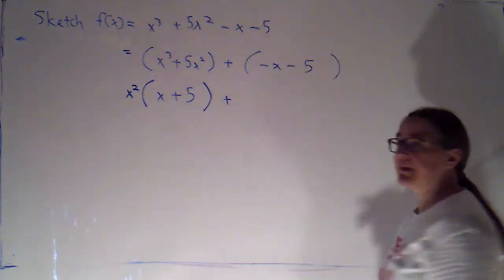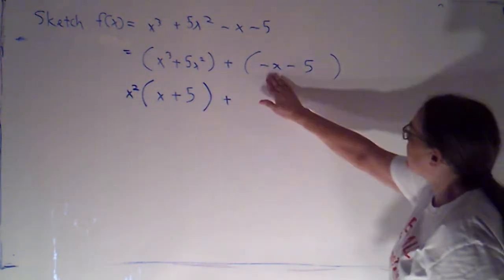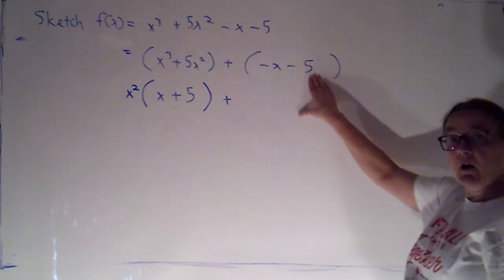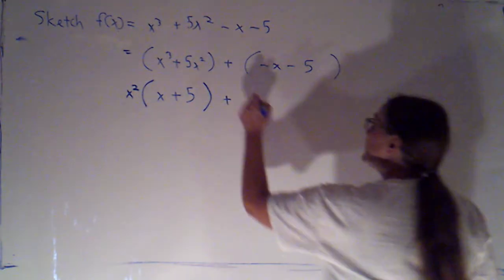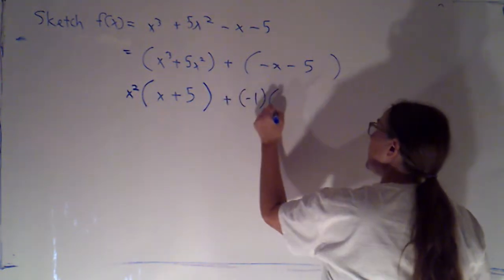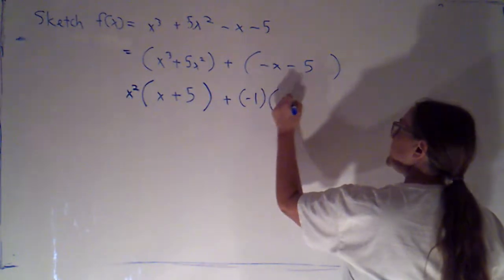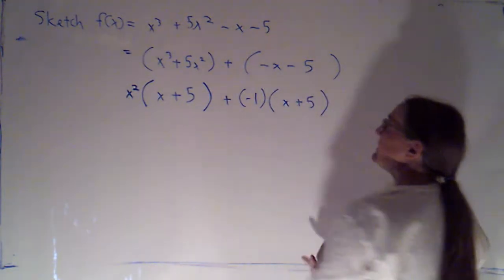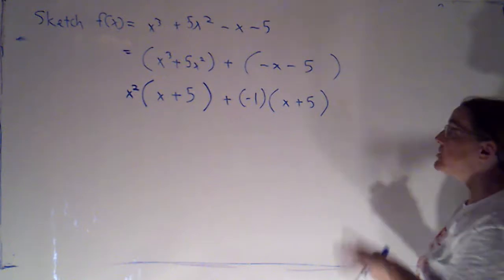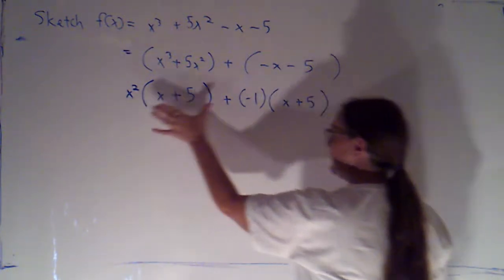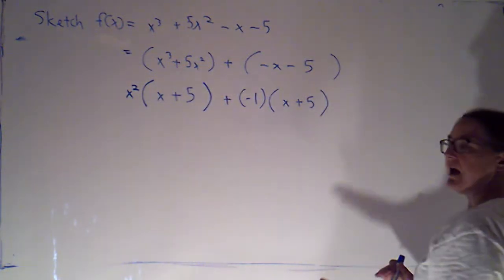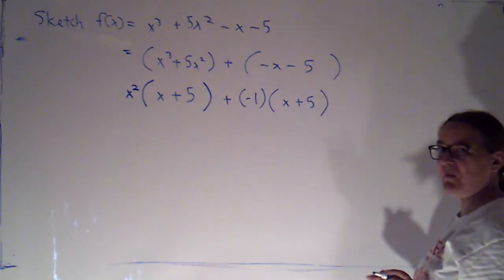Plus, let's do the same thing for my second pair. Now these don't have a whole lot in common, but they are both negative. So I could factor out a -1. And if I do that, that's going to change both signs to make it an x plus 5. So I still have my first pair plus my second pair, but now they have something in common.